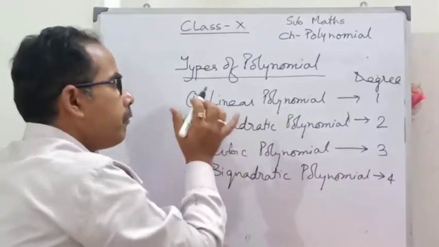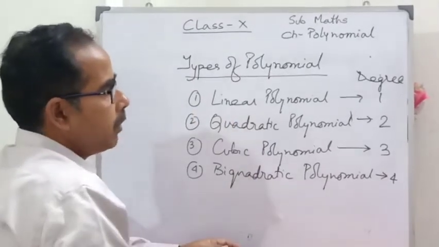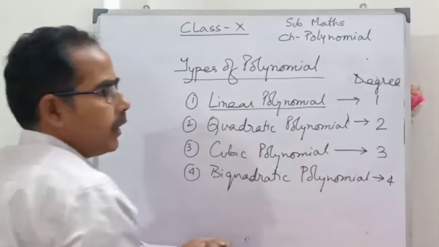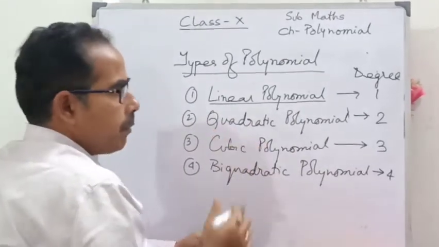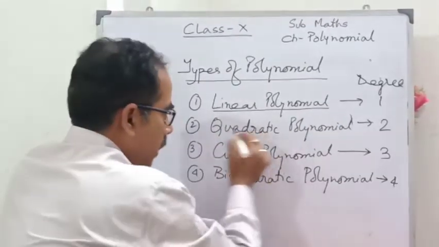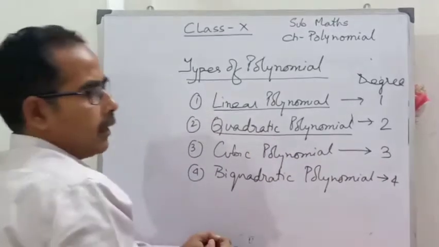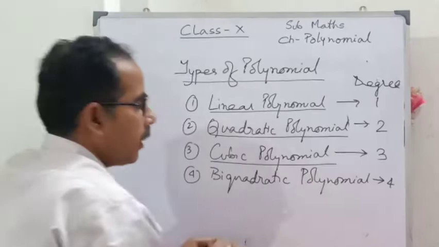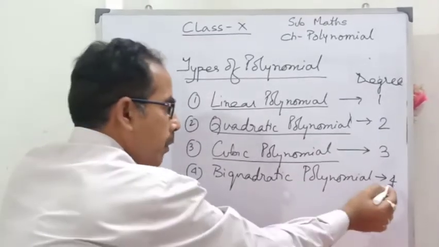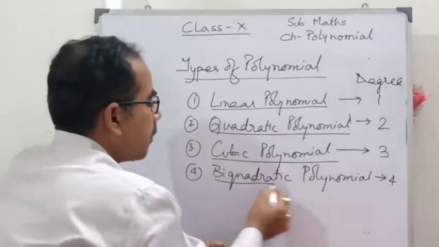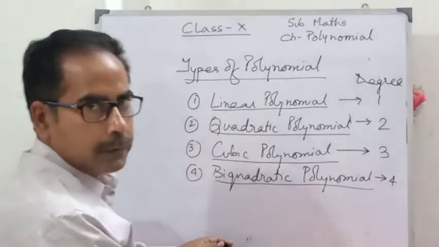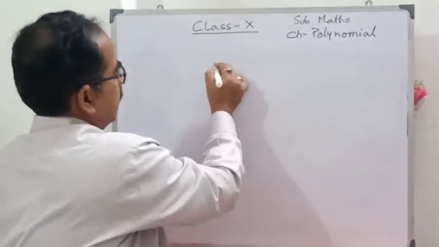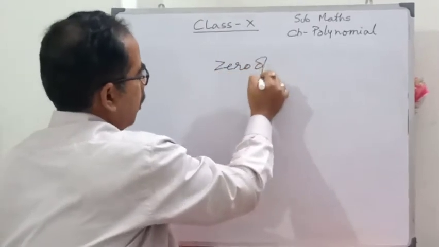So those types of polynomial whose degree is 1 are called linear polynomials. In a similar way, those whose degree is 2 are known as quadratic polynomials. Those whose degree is 3 are called cubic polynomials, and those whose degree is 4 are known as biquadratic polynomials. Okay, so after that, let us discuss the zero of the polynomial.